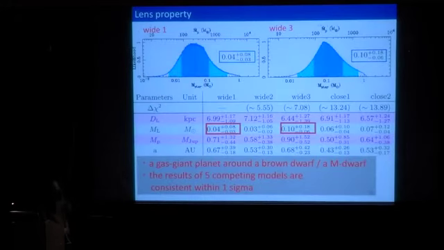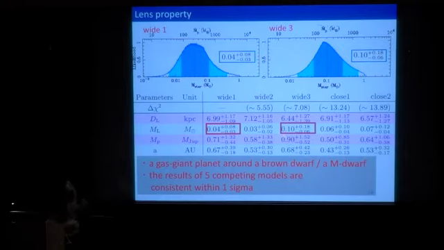And here is the result. The two figures show the relative probability distribution of the mass of the host star, for the wide 1 model and the wide 3 model. As for the wide 1 model, the mean value of the host star mass is a brown dwarf mass.